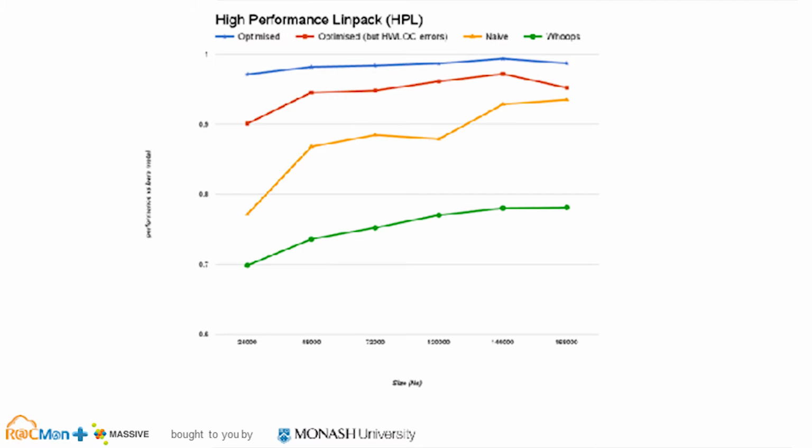Turns out LINPACK is actually a really terrible thing to use for this because it runs quite well anyway. I mean, as you can see, we haven't done any tuning here yet. Once we get up to large problem sizes, we're already about 94% of bare metal. The green line is what happens when you accidentally flip the NUMA mapping. So you're binding everything to the wrong cores on the other side of the QPI bus.